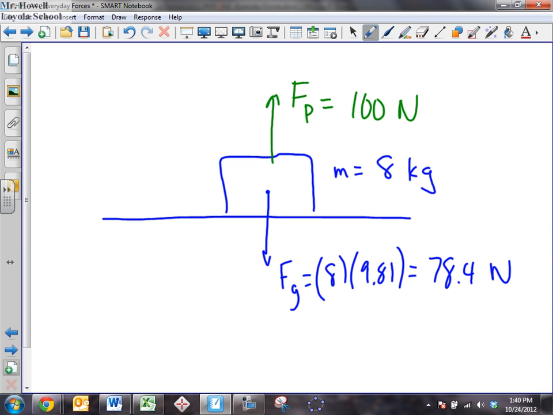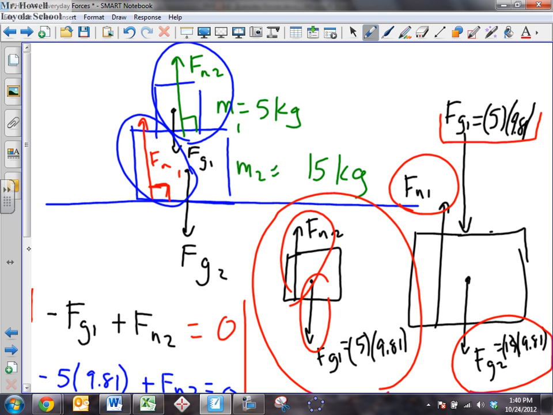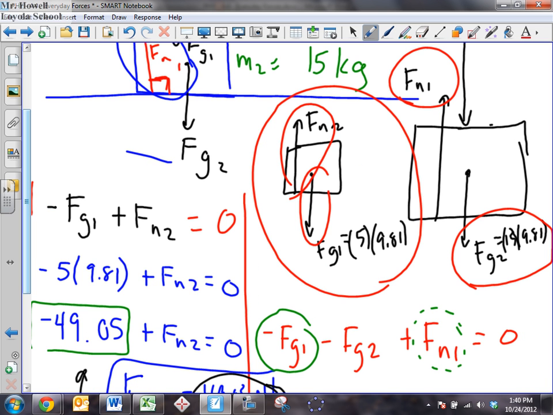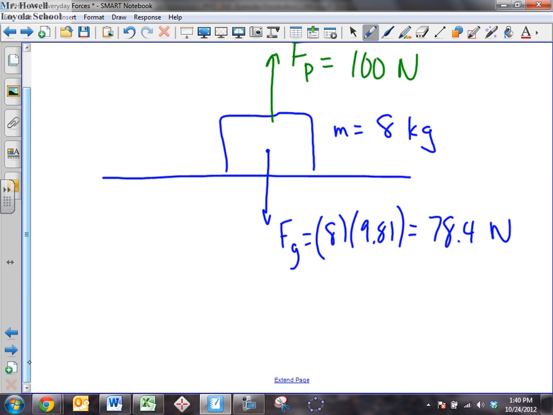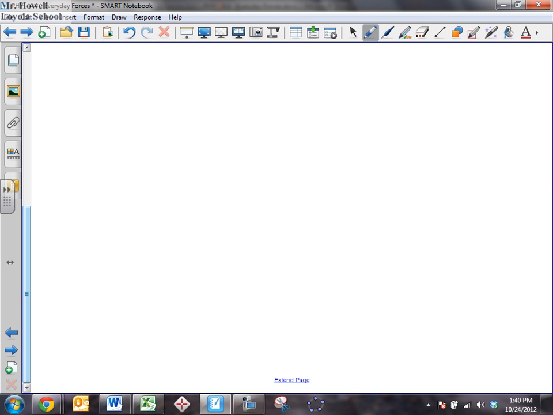So we have to go back to our equation. Jeff, what's our equation again? The one you started us with today. F equals ma. I don't need to draw the normal force in my FBD because I know that my force of 100 exceeds the weight.